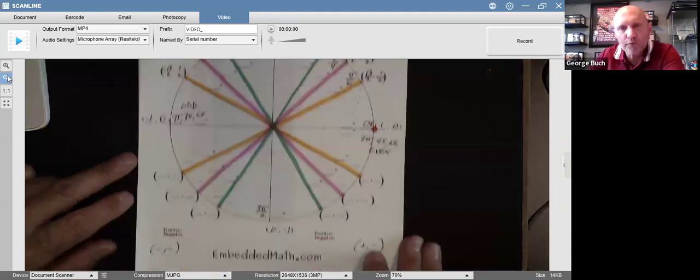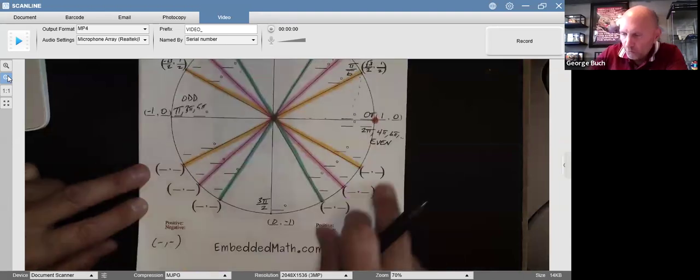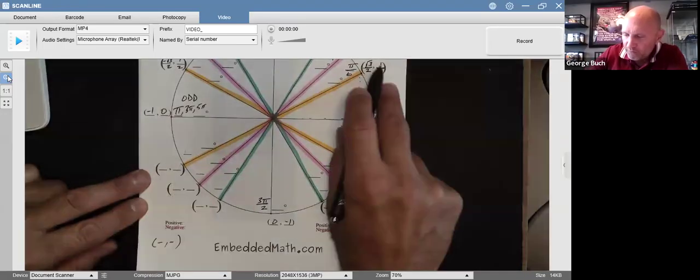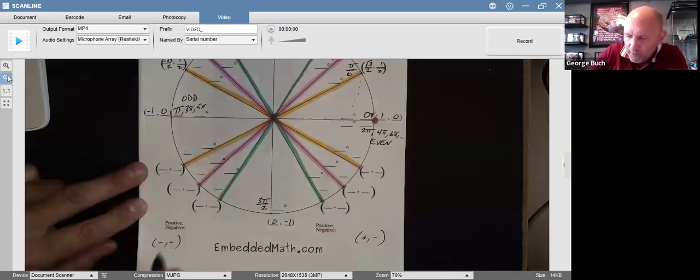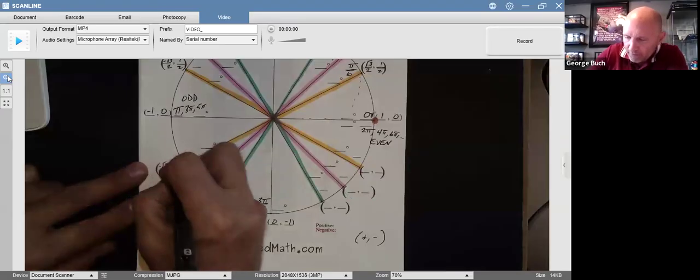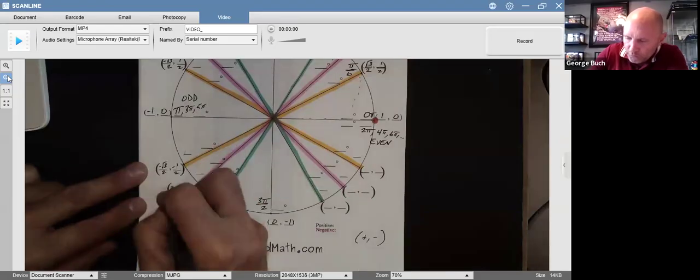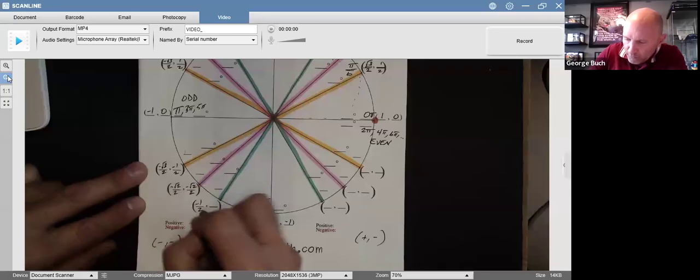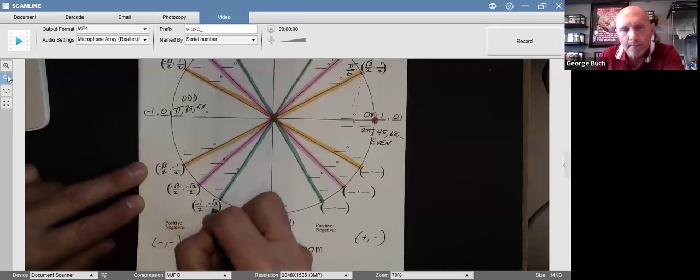And I can do that for all the rest of these here. So this orange one is related to here, so it has the same values, but in quadrant 3, they're both negative. So negative root 3 over 2, negative 1/2. Negative root 2 over 2, negative root 2 over 2. And negative 1/2, negative root 3 over 2.